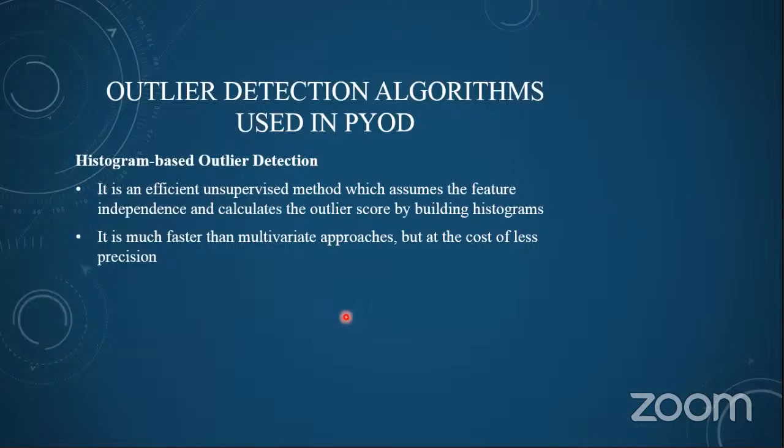The second one is histogram based outlier detection. Histogram means, does anyone know about histogram? Basically, we have data, an array of data from 1 to 5: 1, 2, 3, 4, 5. Similarly, a second array: 2, 4, 2, 4, 1, 2, 5. So we have a set of arrays like that, ranging from 1 to 5.